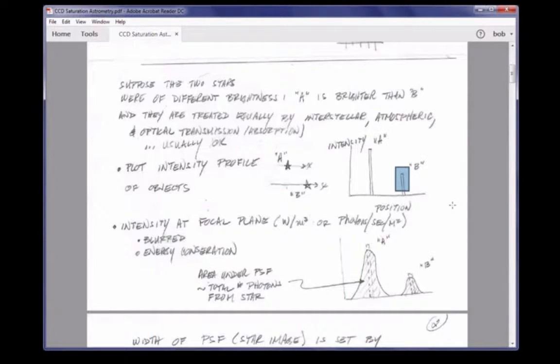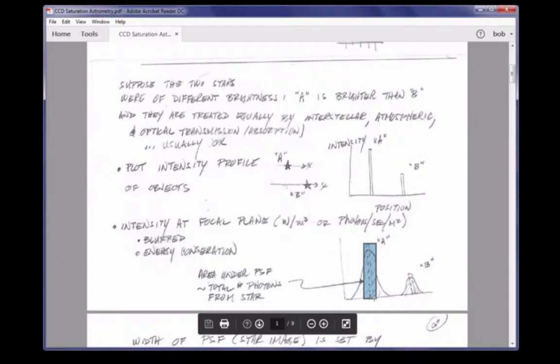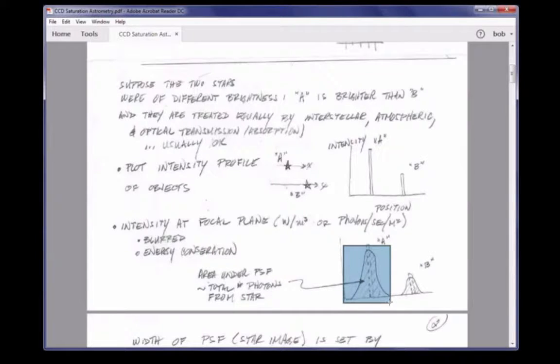After that energy has gone through the telescope and been focused on the focal plane, but not yet detected, it's blurred, but energy conservation says that if I started out with this delta function that was star A, after it's been blurred into something that looks maybe sort of like a bell curve, the total number of photons is conserved.